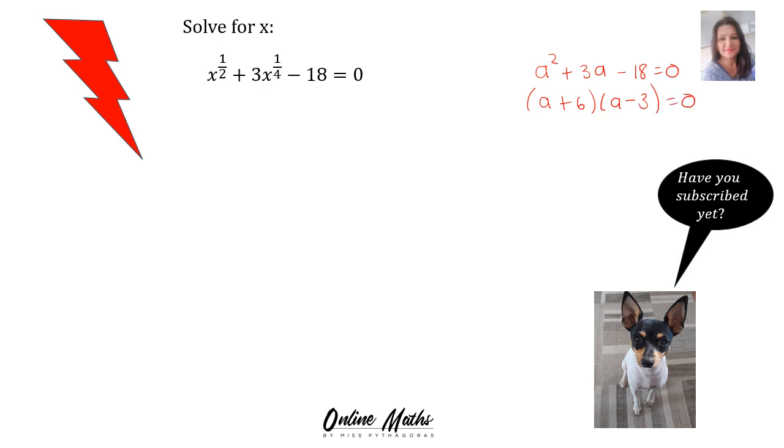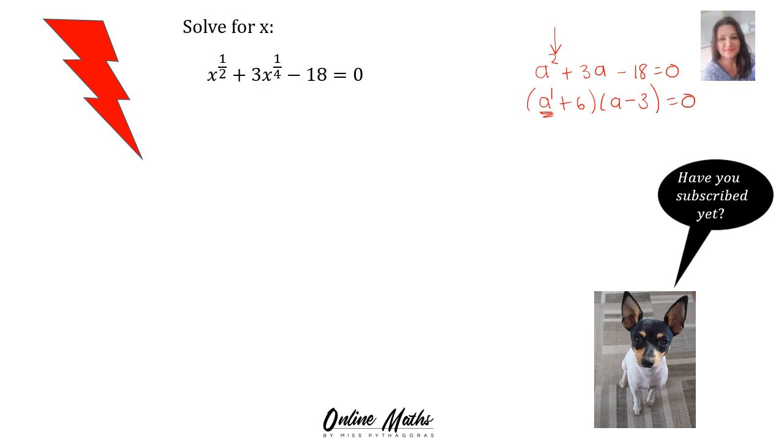Now what happened? Again, your factorized answer, the a there, the exponent was 1. In other words, your exponent inside the factor, the bracket, is half of the exponent of the original sum.